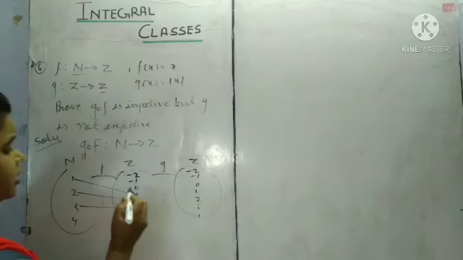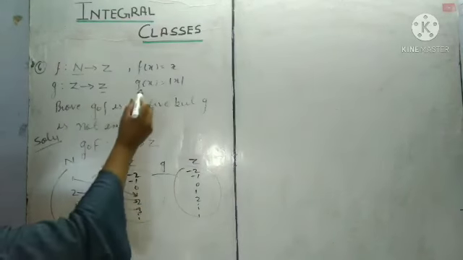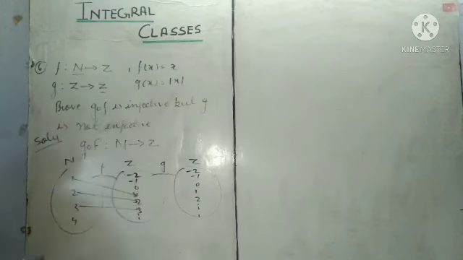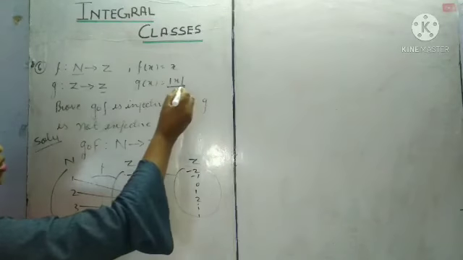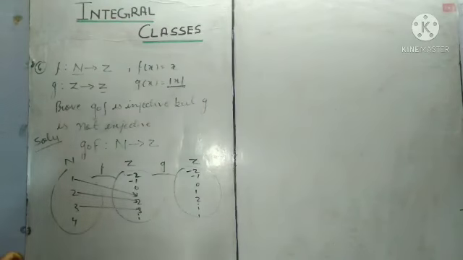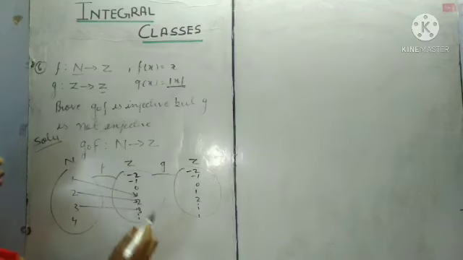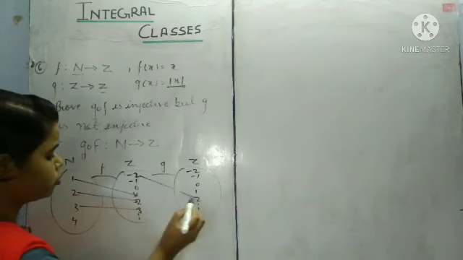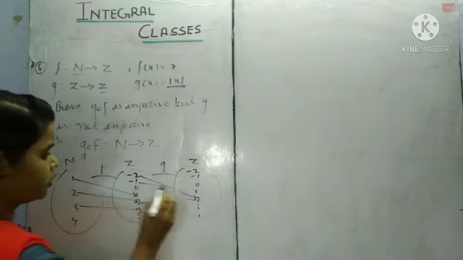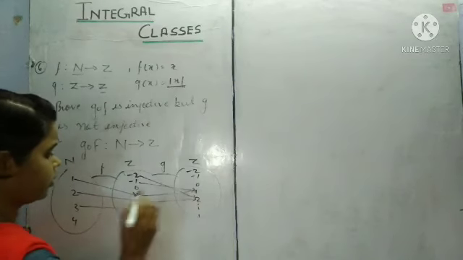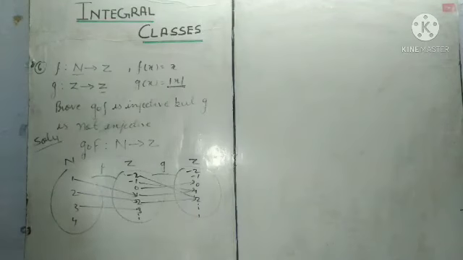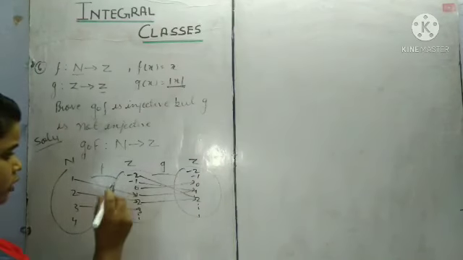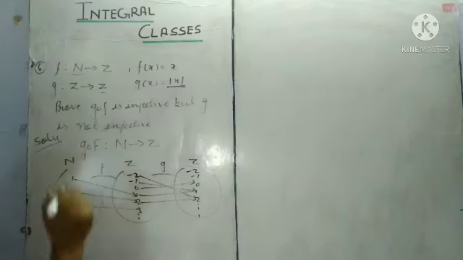Now in g, if we put a negative or positive number, we will always get a positive because it is mod x. Mod x turns a negative number into a positive number. So -2 and 2 give 2, -1 and 1 give 1, and 0 is 0. So student, as we observe here, it is proved that g is not injective.